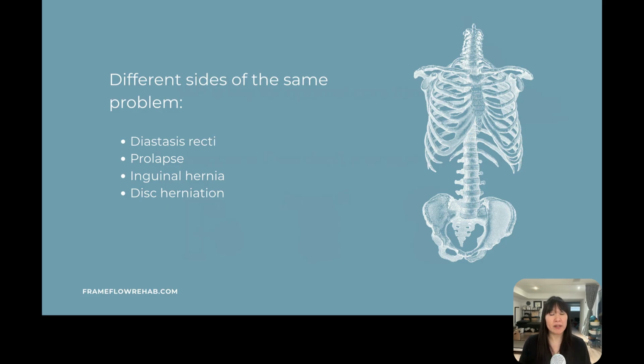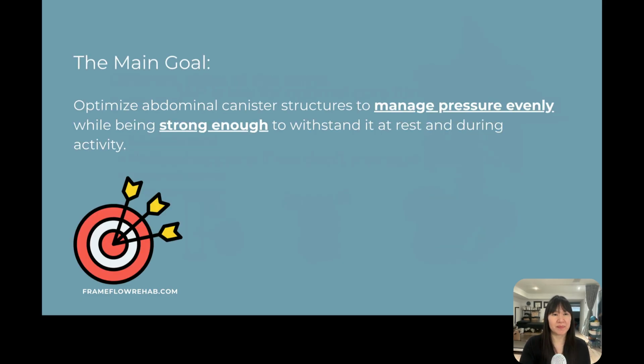Down below in the pelvic floor, usually a prolapse for those assigned female at birth, or an inguinal hernia for those assigned male at birth. And then in the back, we're talking about a disc herniation. None of these are fun, but they all have some relationship to intra-abdominal pressure, which is why it's so important to understand the abdominal canister.